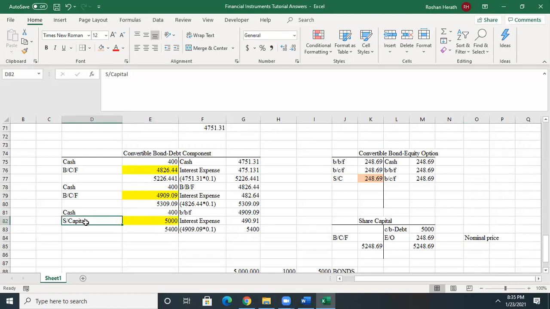So debit that account and credit it to the share capital. Not only that, you can remember there was a conversion option. The equity option value was 248.69, so make sure to transfer that to the account. That's the accounting treatment.